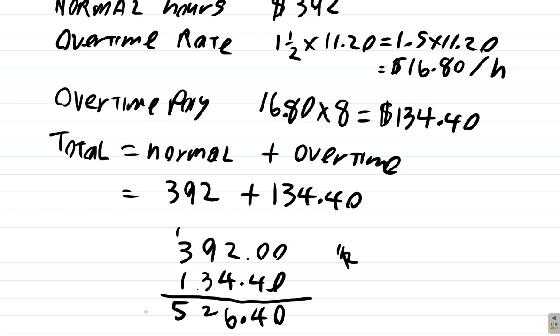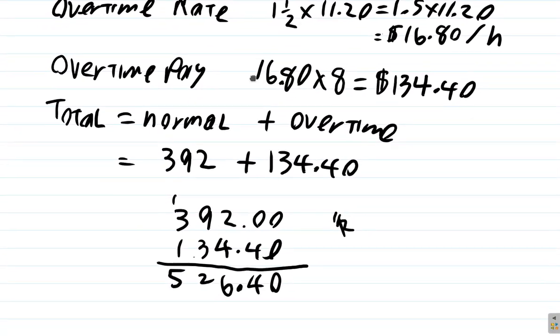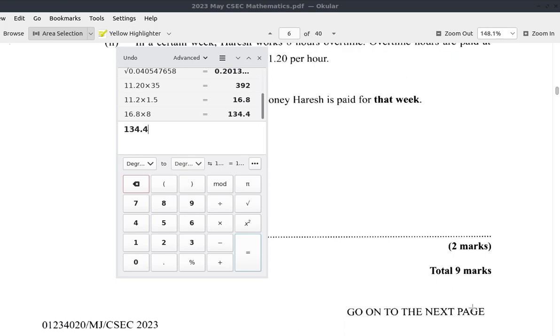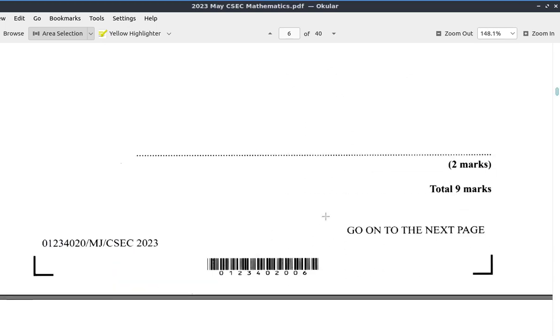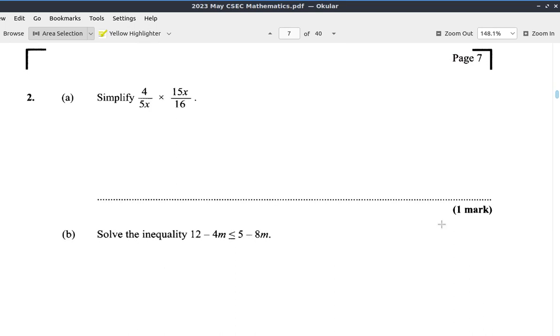So here, instead of earning just the normal $392, he earned $526.40 for that week because he worked 8 hours overtime. You see that? So that is that for question 1. Next time we move on to question 2.